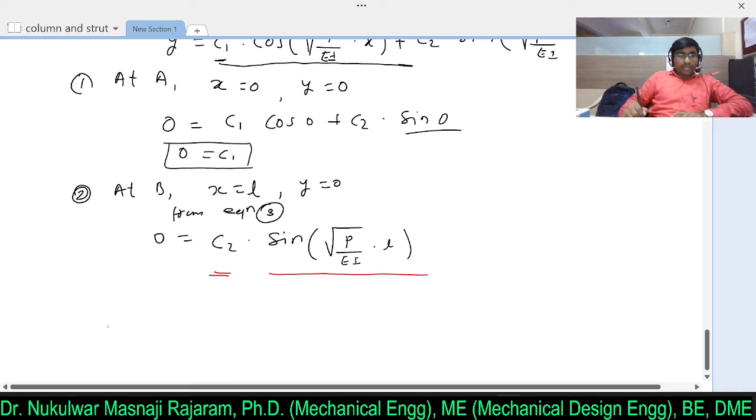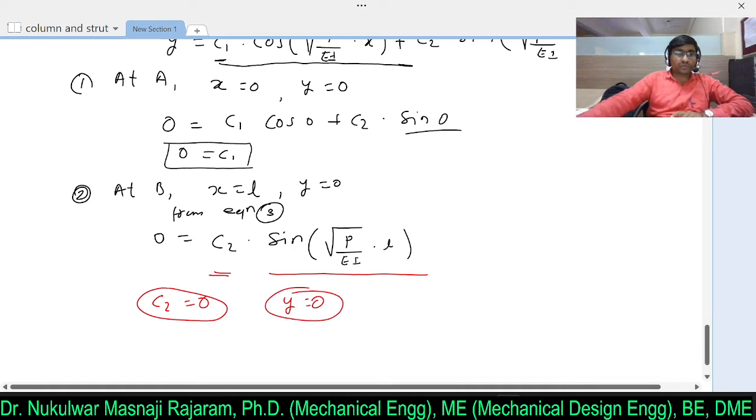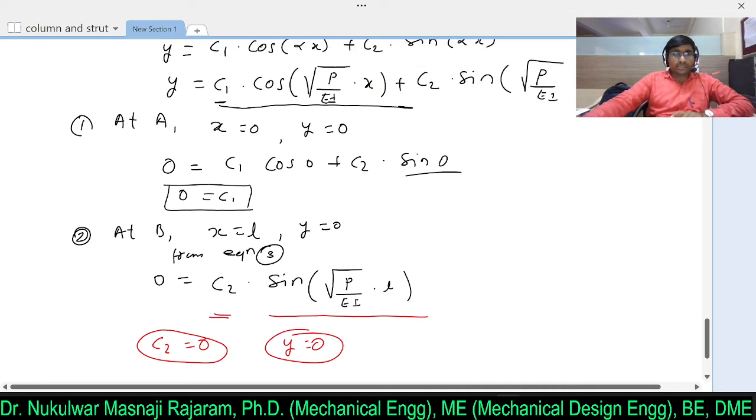Now either c2 will be 0 or this expression will be 0. Now if I consider c2 equal to 0, then what will happen? This entire equation y will be equal to 0. Why? This c1 is already 0, and if you put c2 equal to 0, then the entire expression will become 0.